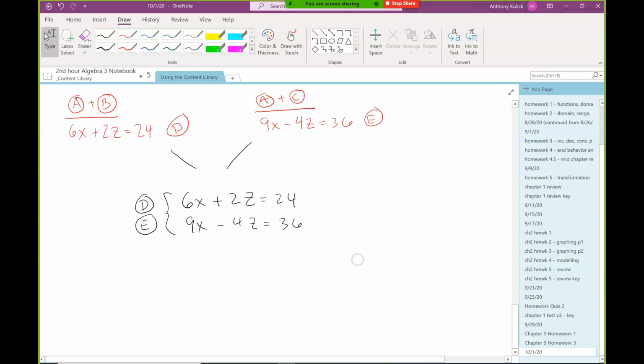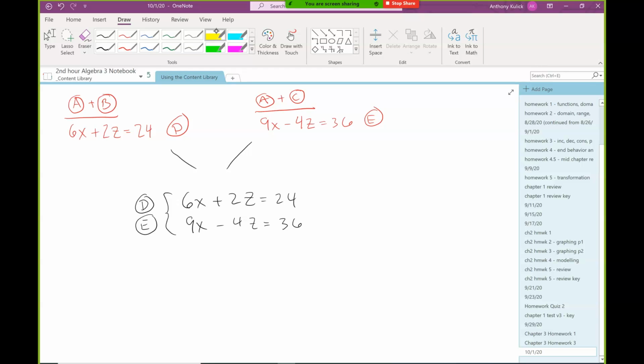So here's my new system with D and E. Again, we need to pick a variable to eliminate. Which variable appears to be the easier one to eliminate? X or Z?